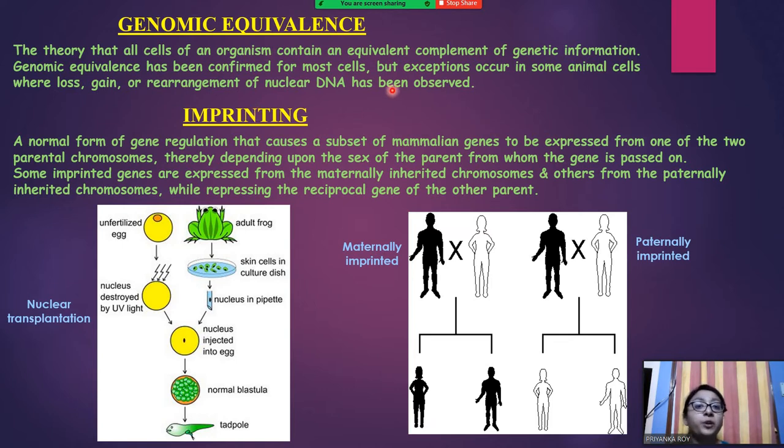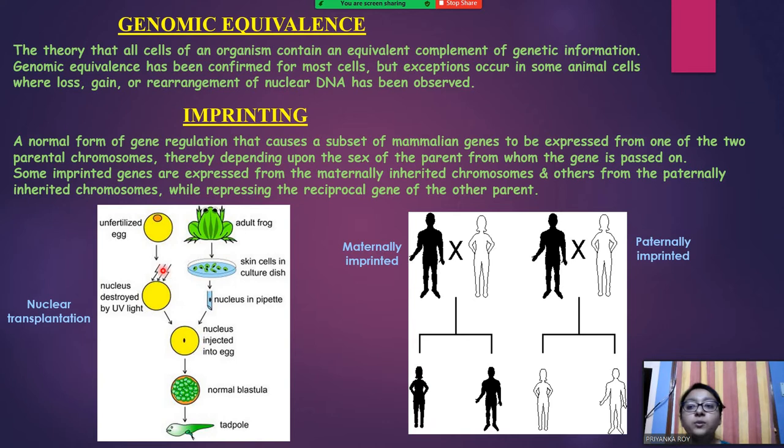There are a number of ways that it has been proved, and now it is a well established fact that DNA is conserved in all the cells of a particular body. But only in some exceptional cases there is some loss of DNA, or some gain of DNA, or there might be some rearrangement. Other than that, most cells exhibit this genomic equivalence. They have the same equivalent genomic content in all the cells.